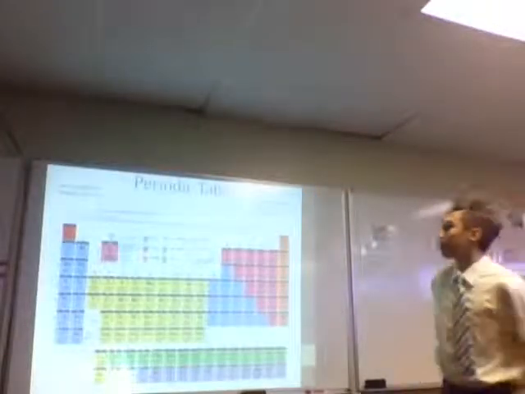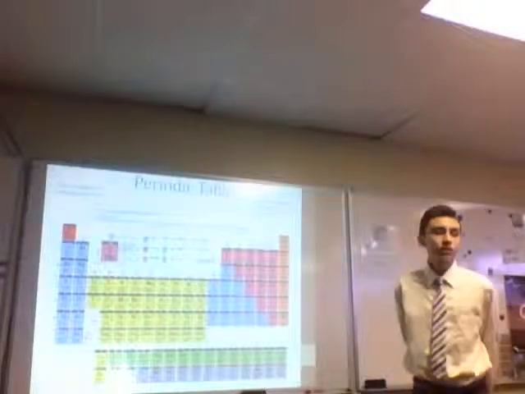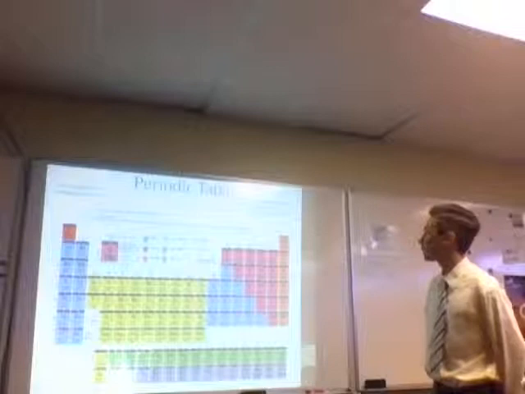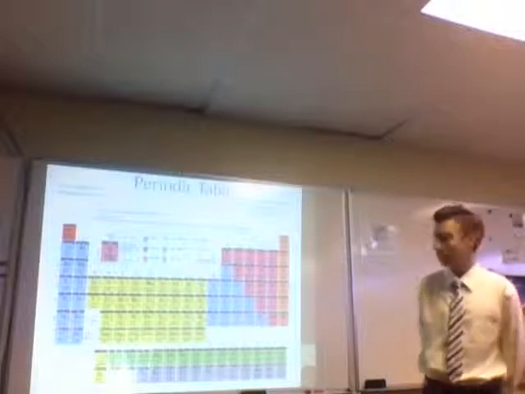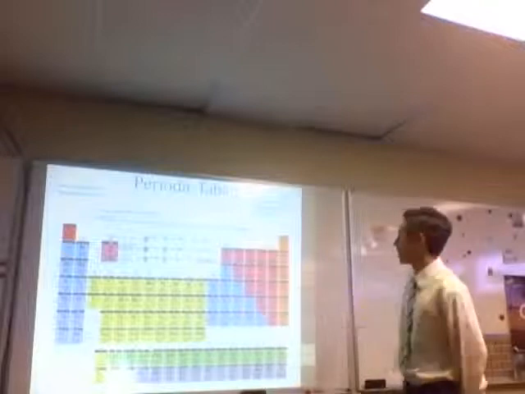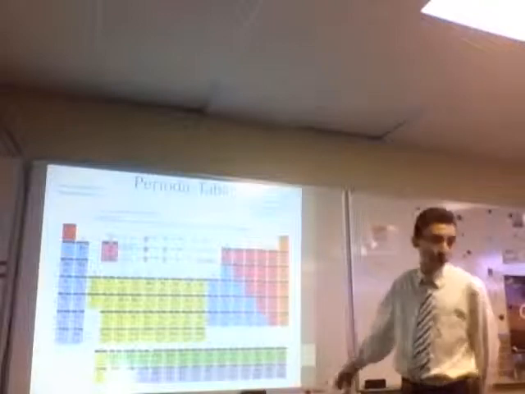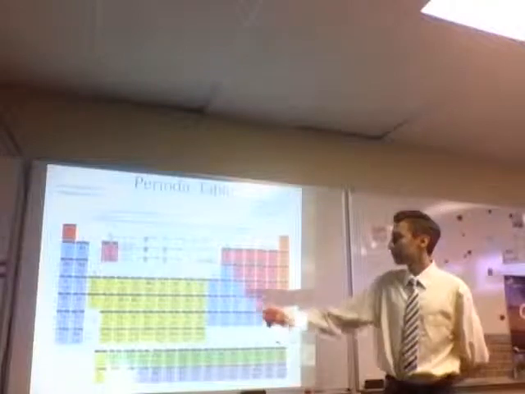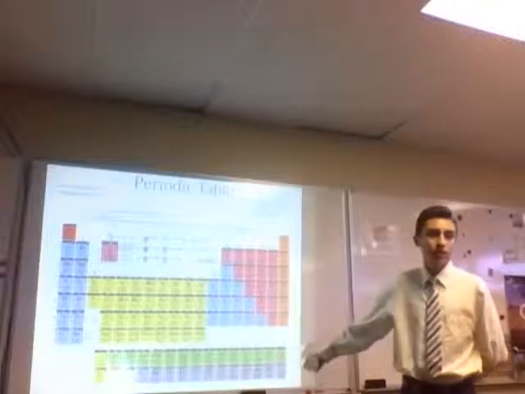And part of that, you have electronegativity, which keeps the electrons together, and ionization energy is how easy it is to keep an electron. So on the periodic table, if you go from left to right, electronegativity and ionization energy increase, and the radius decreases.